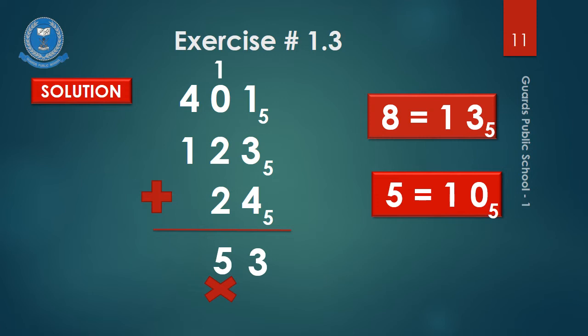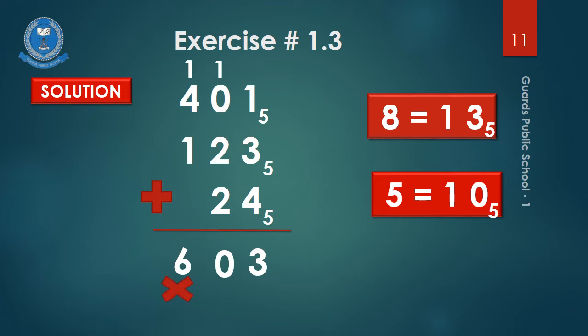This 5 is equal to 1, 0 with base 5. Yes, write down 0 here and 1 as carry on this 4. Now 1 plus 4, 5 and 5 plus 1 is equal to 6. Tell me, can we write 6 here?